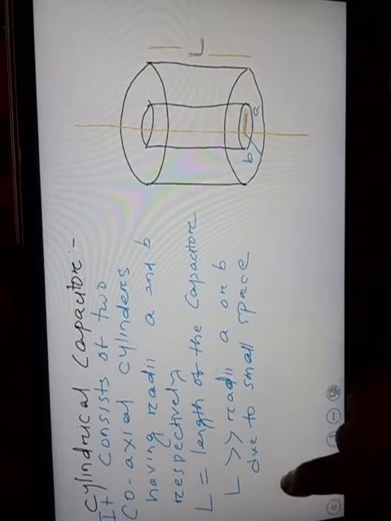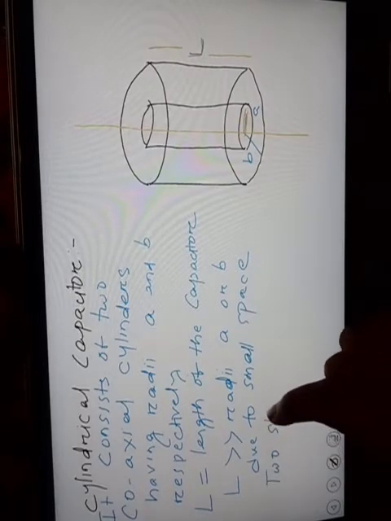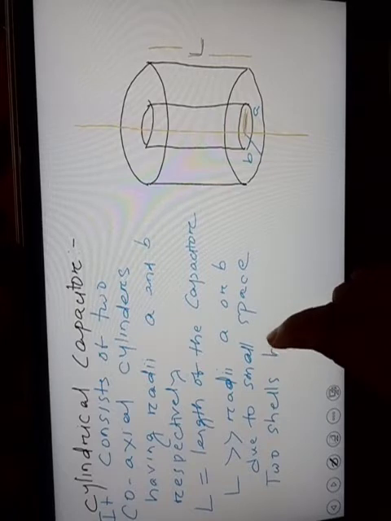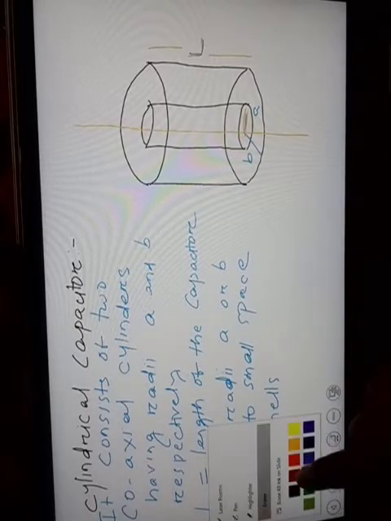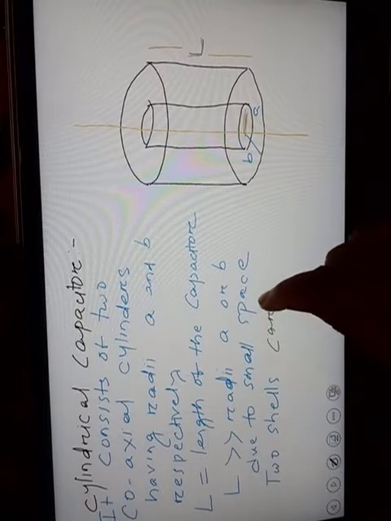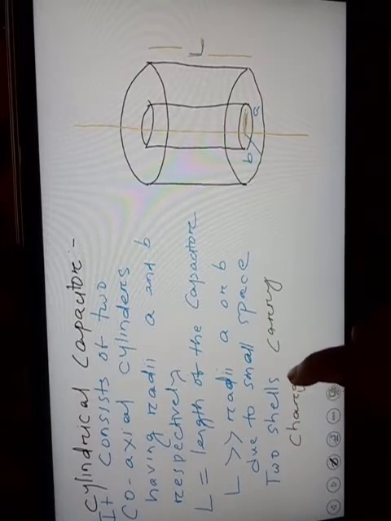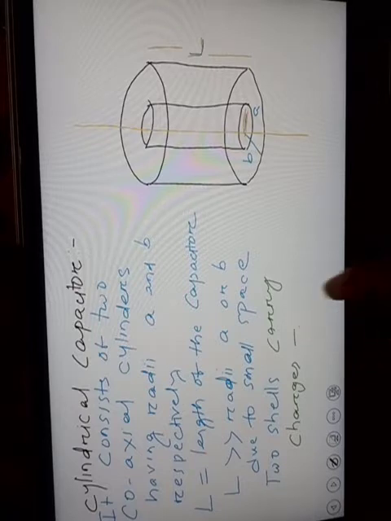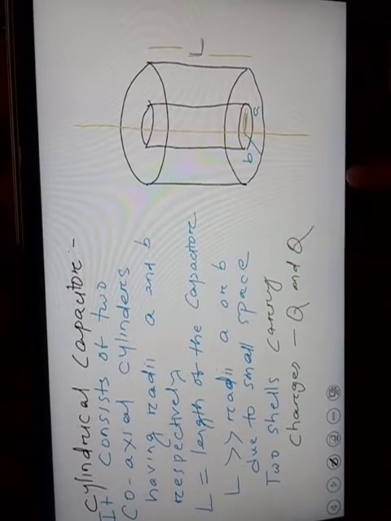The two cylindrical shells carry charges minus q and plus q respectively.